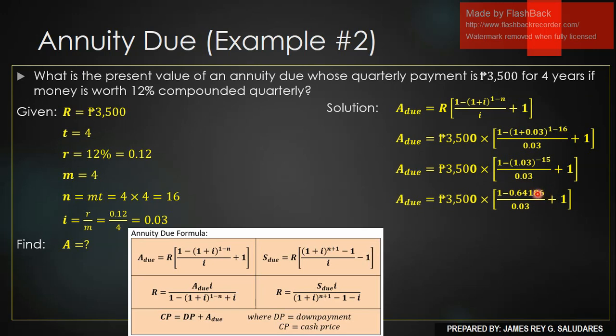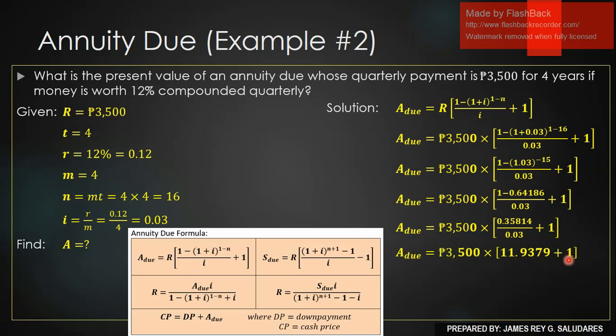Again, if you round off, then it is not yet the final answer. Make sure you use at least 4, 5, or 6 decimal places, to minimize the margin of error. So you have 1 minus 0.64186, you will arrive at 0.35814. You divide that by 0.03, so you have 11.9376.